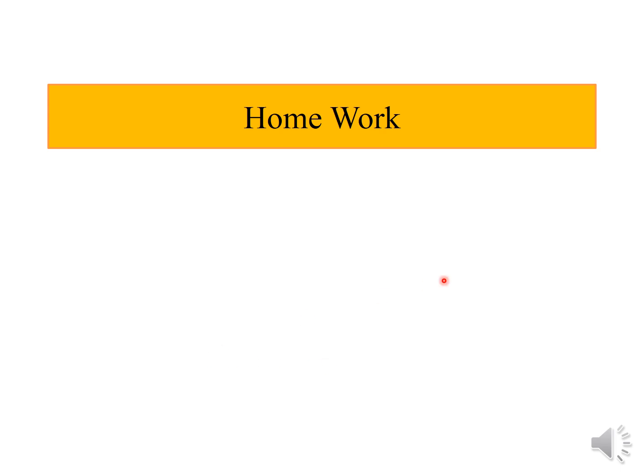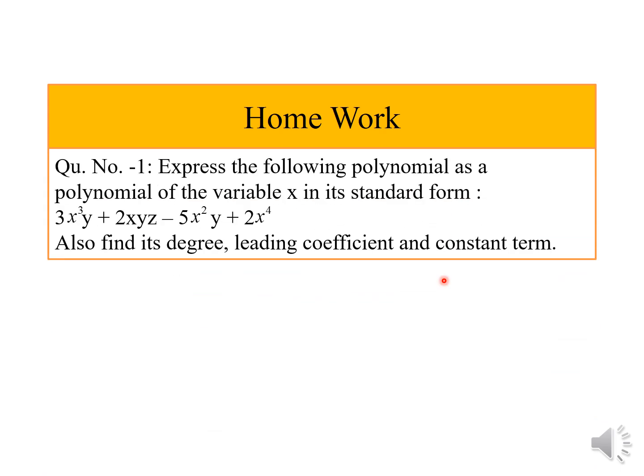Now write down the homework about the discussion. Here you can see question number 1: express the following polynomial as a polynomial of the variable x in its standard form. Earlier I said that standard form is the arrangement of the variable in descending order.